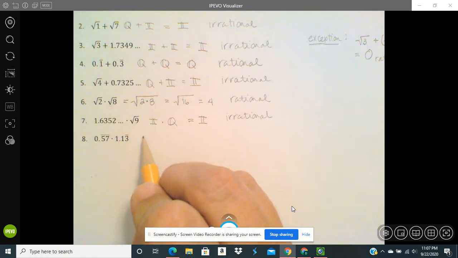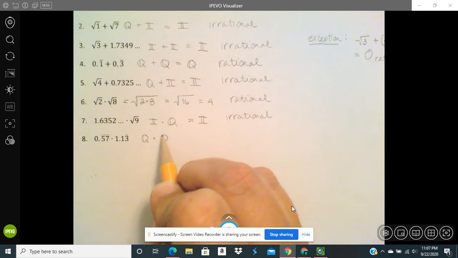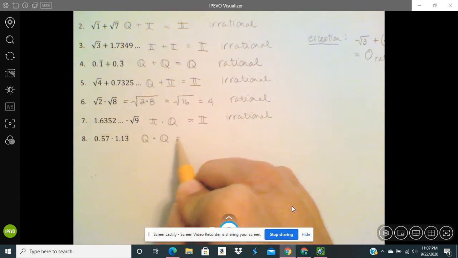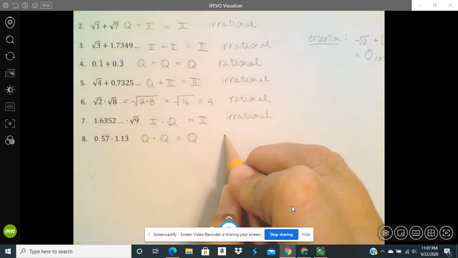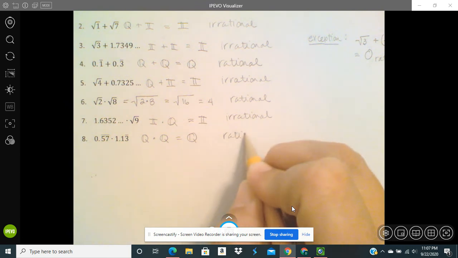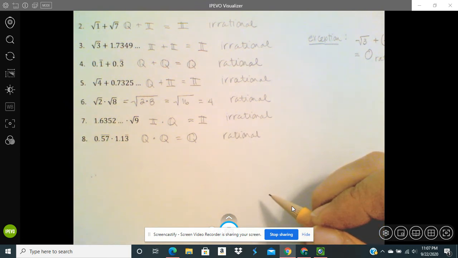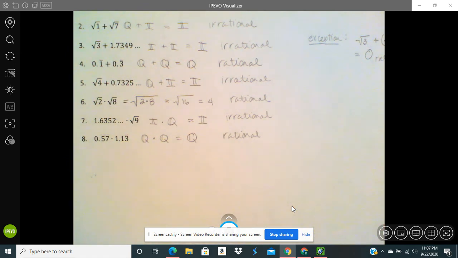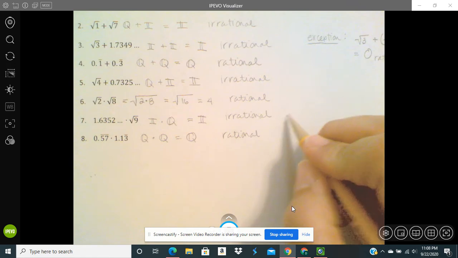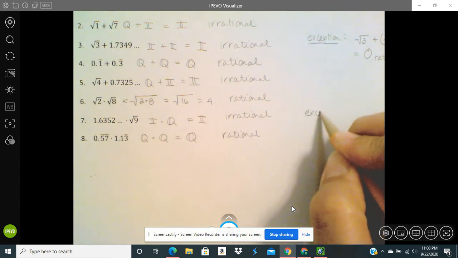And then this last one, repeating decimals, remember, are rational. So when we multiply rational times rational, we get rational. Think about it. When you multiply a fraction times a fraction, in most cases, you get a fraction. All right. I can show you an exception for this one as well.